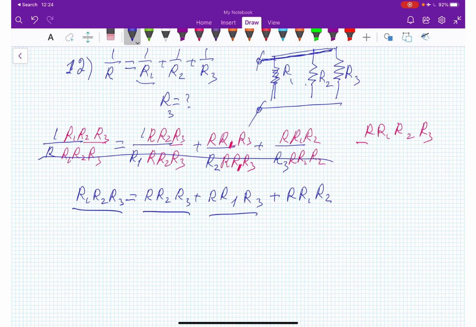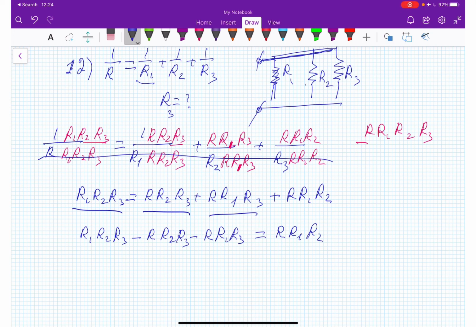It's going to be R1, R2, R3, minus R, R2, R3, minus R, R1, R3. All that is equal to R times R1 and R2.